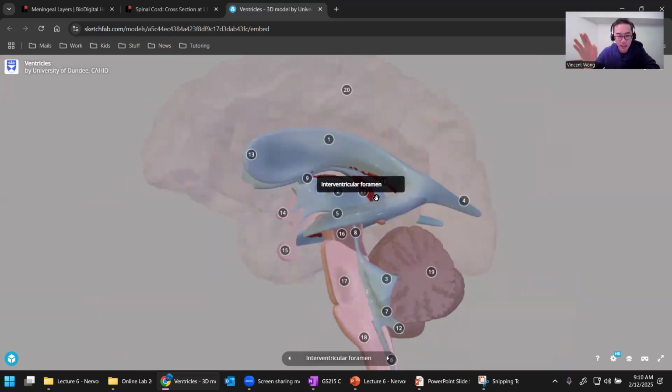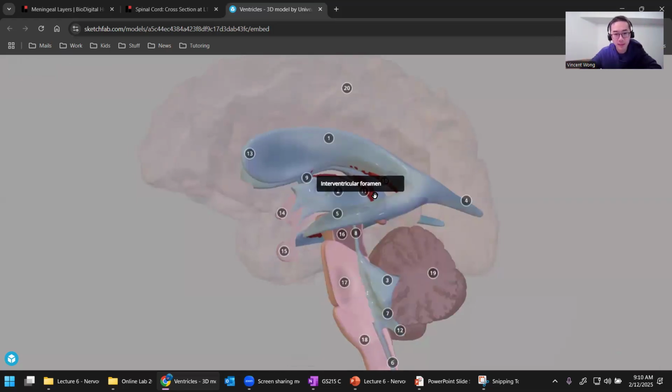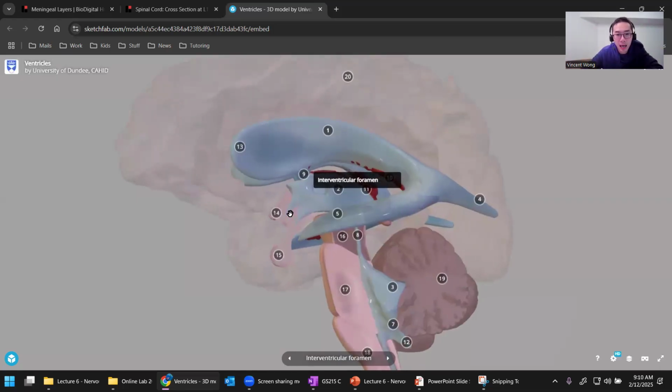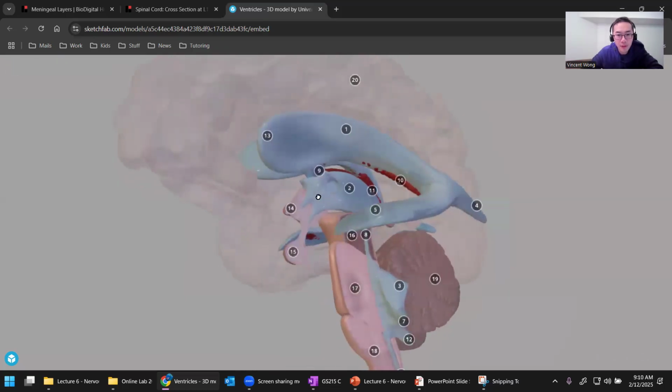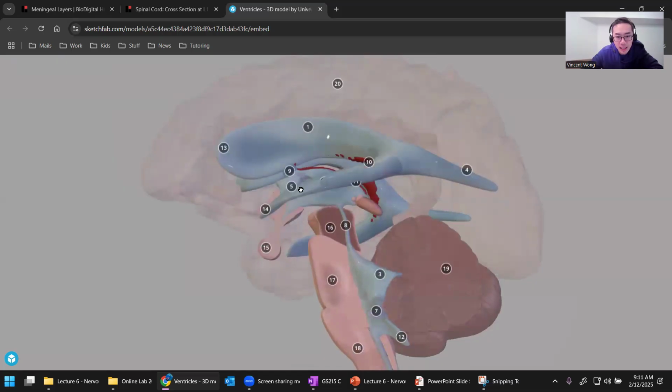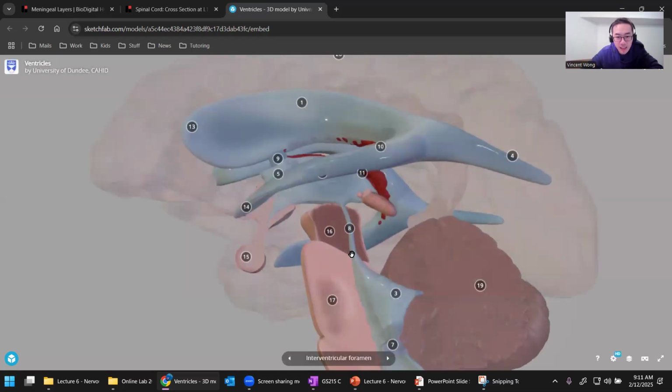We'll label all these in a bit, okay? You don't have to write anything down. I'm just showing you. Interventricular foramen. Okay, a foramen is a hole. Right? Small holes, big holes, all of them are foramens, okay? And then it's gonna go to the third ventricle in the middle. And from the third ventricle, you can see there is a duct that allows the CSF to continue to flow down to the fourth ventricle.